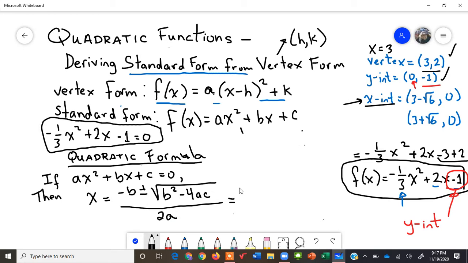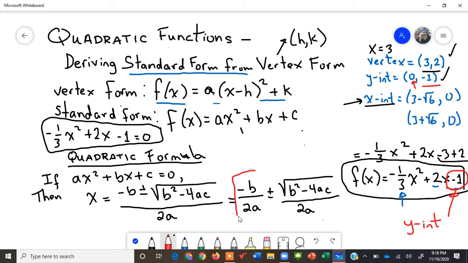If I break this up, negative b over 2a plus or minus the square root of b squared minus 4ac over 2a, we see that this first term is the formula for the axis of symmetry that we just derived.